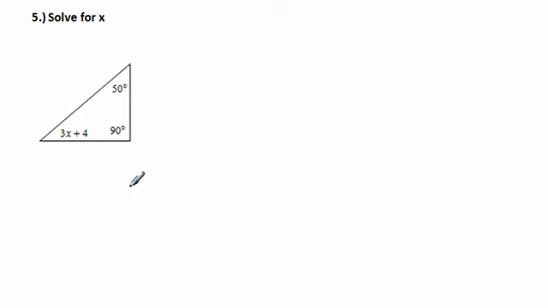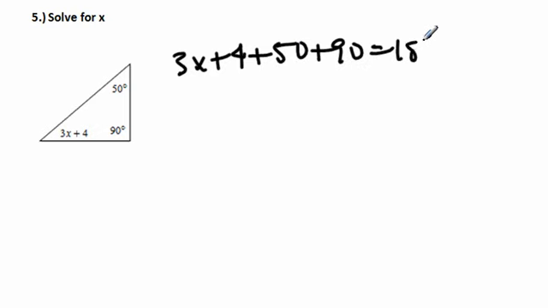All right, as we look at this problem here, we can see that we have three angles that add up to 180. So we have 3x plus 4 plus 50 plus 90 equals 180.